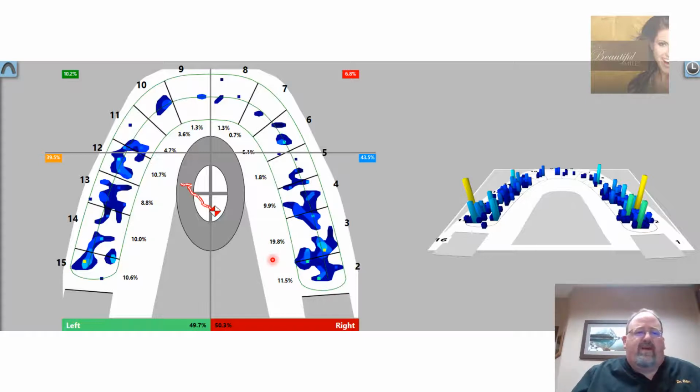But for the most part, since she's having such a great response, and it wasn't even like this was a goal, we just wanted her to be more balanced all the way around, so she wouldn't be continuing to break teeth.